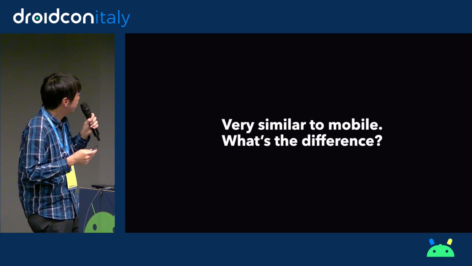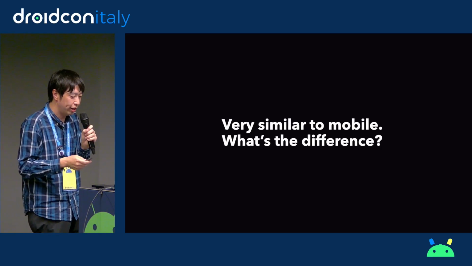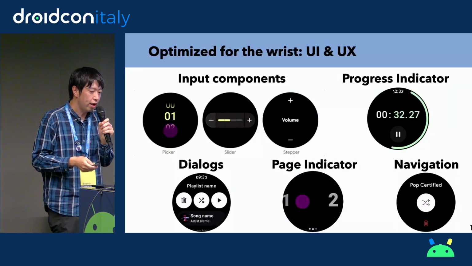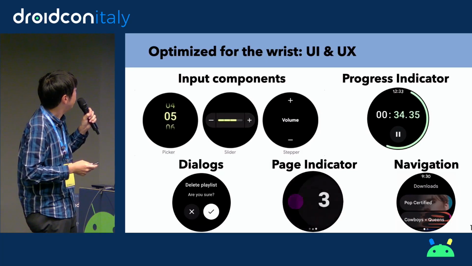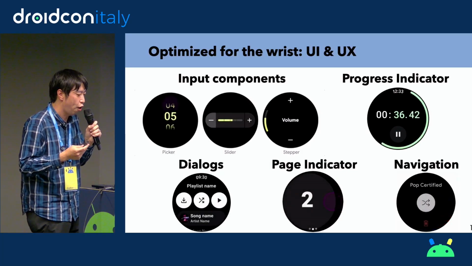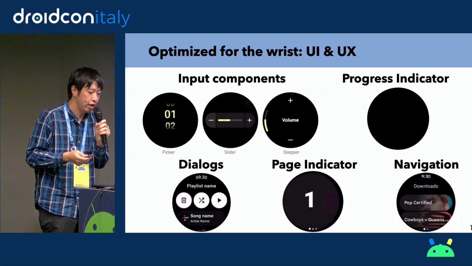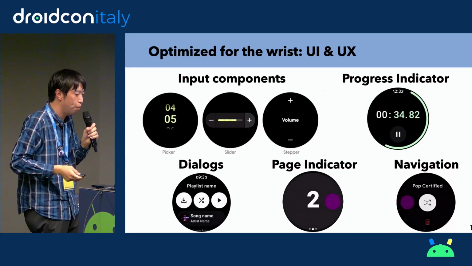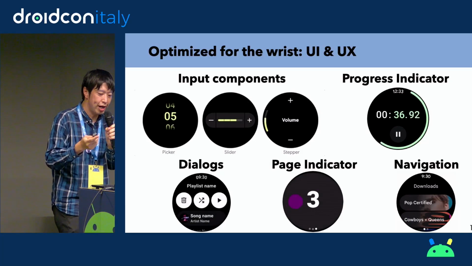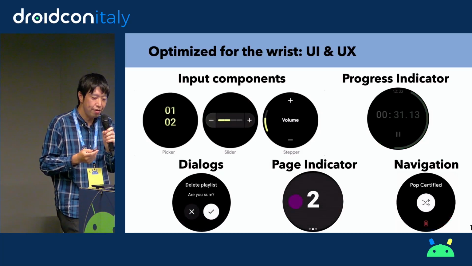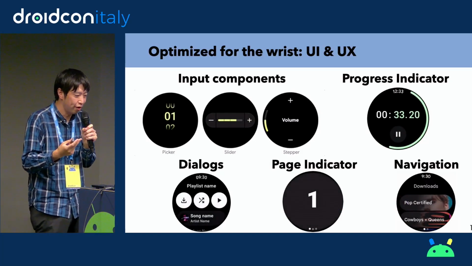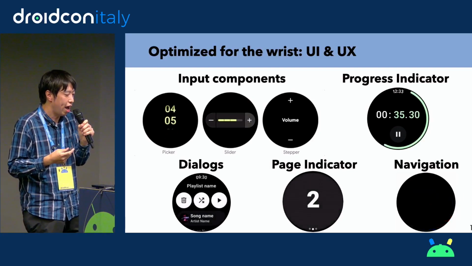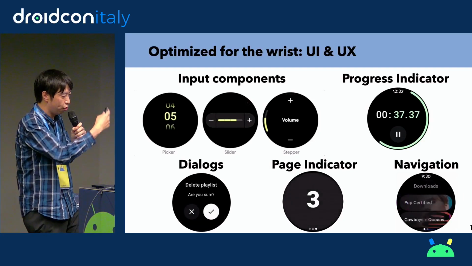Then, what is the difference? I'd like to talk about this. Okay, the first one is here. The biggest difference is user interface and user experience. There are some specific input components. They're optimized for lists. Even if the screen is very small, we can easily control our apps by using these components.